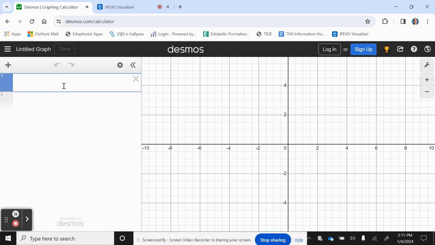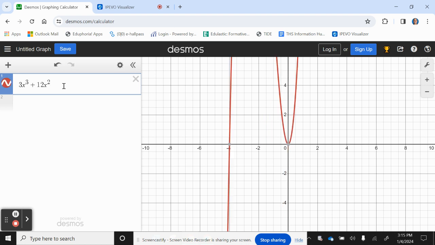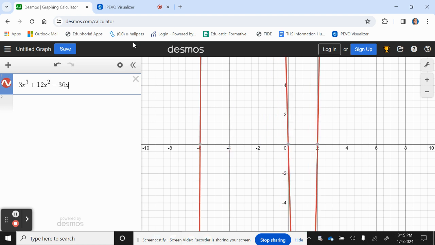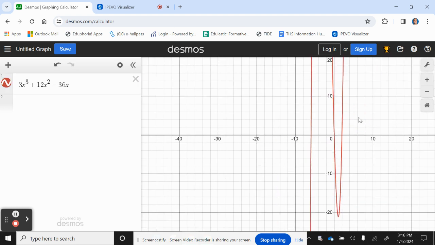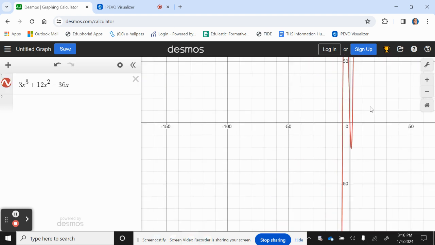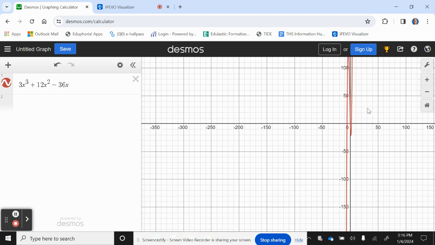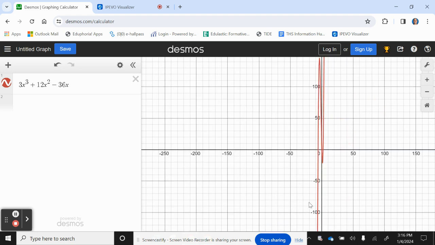So we're going to graph 3x cubed plus 12x squared minus 36x. And we need to zoom out. And we can see it's increasing starting on the left and on the right.